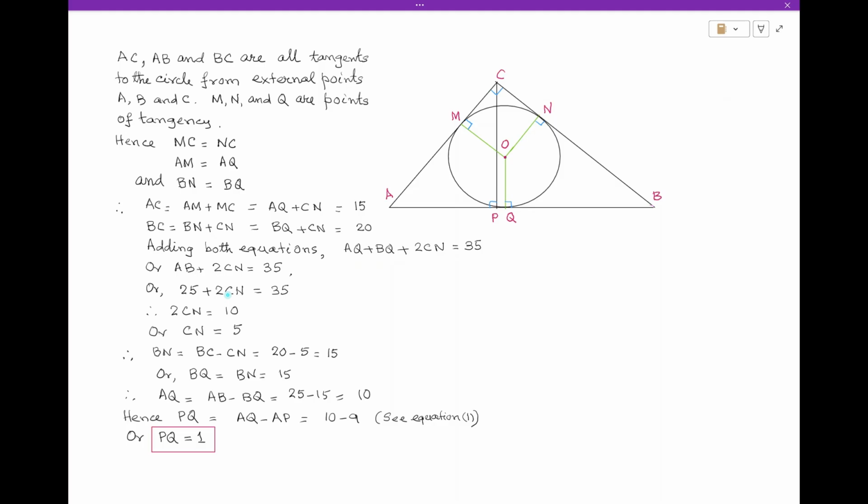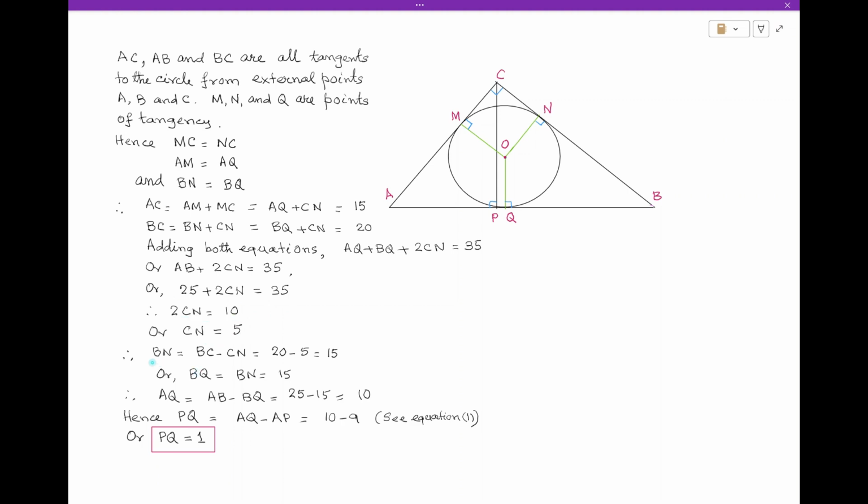So AB plus 2CN is equal to 35. AB we found to be 25, so 25 plus 2CN is equal to 35. Hence, 2CN is equal to 10, or CN is equal to 5.